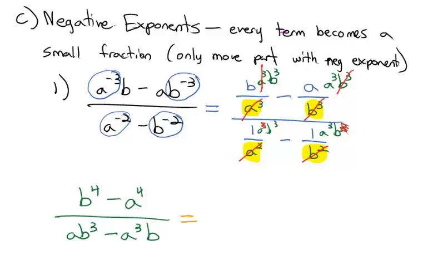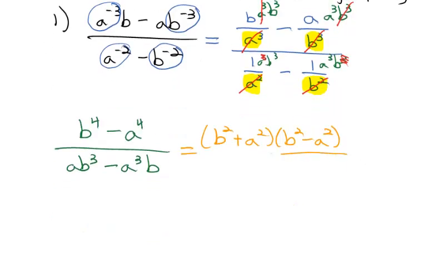Now that we've gotten rid of the compound fraction part of things, that negative exponent, we're going to factor this and see if we can simplify. The numerator is a difference of squares, because those are both even exponents. It's b squared plus a squared times b squared minus a squared. The denominator has a GCF of ab.